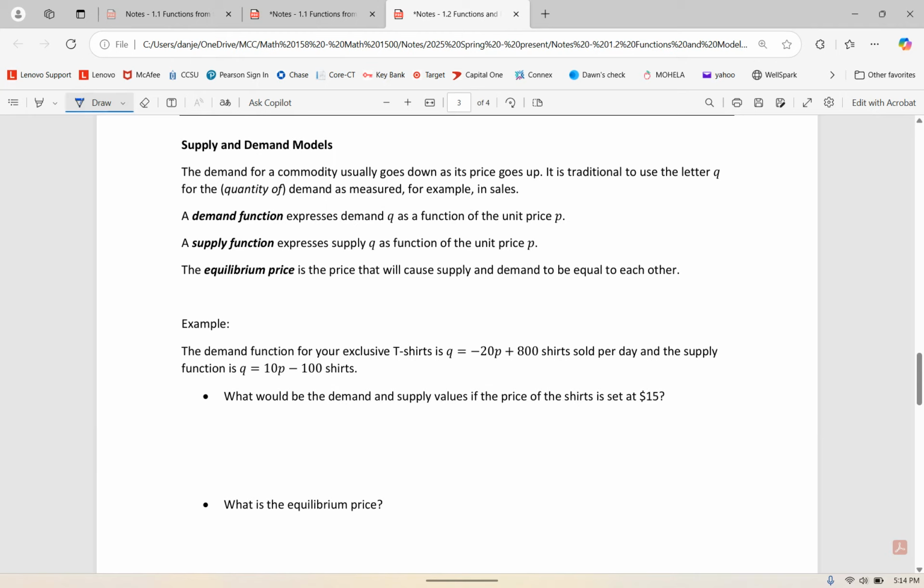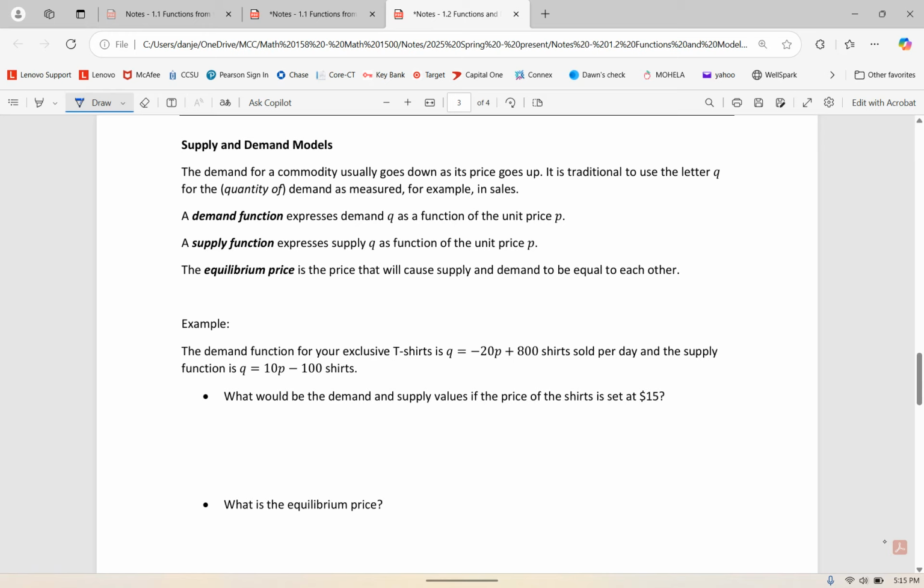First, I want to talk about supply and demand. You've heard of the concept of supply and demand, I would hope. As the supply of a commodity increases, the cost tends to decrease. So we want to look at supply versus demand functions.